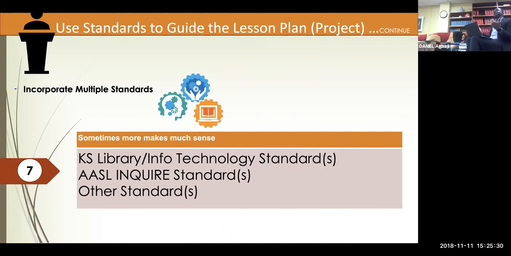Say you're trying to do exploration as an activity in the lesson you're teaching for a particular grade level. You want to make sure that grade level has a similar kind of activity based on the standards. So if you're taking an activity from the ASL standards, you also want to make sure it's in correlation with the KS Library and Information Technology standards.